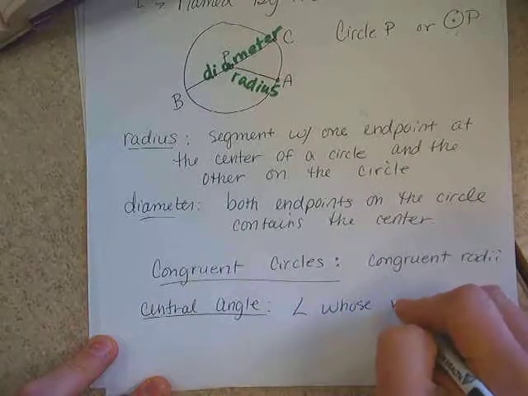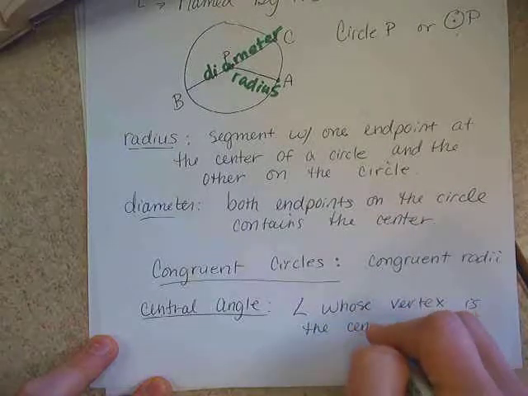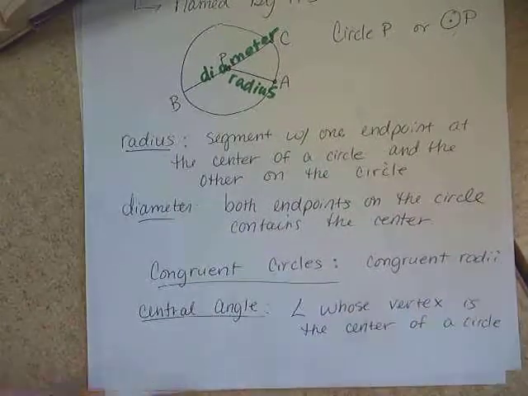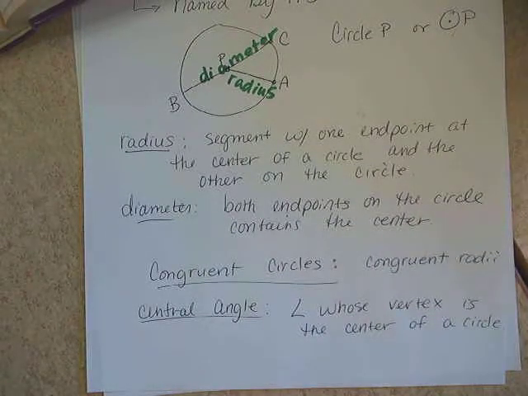Central angles. A central angle is an angle whose vertex is the center of a circle. We'll be dealing with angles in this chapter and the next that are inside a circle, but they're not a central angle unless the vertex is the center point.